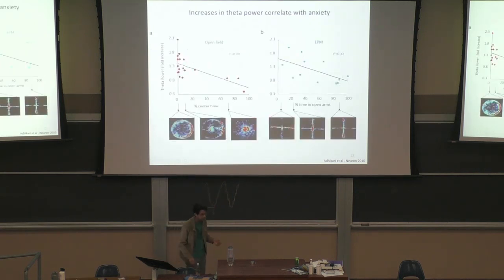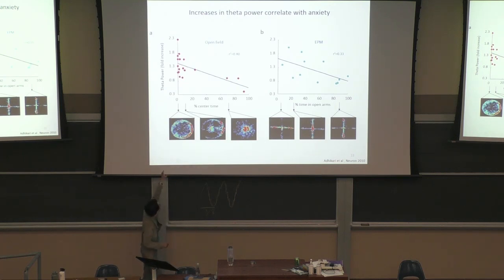And we also found that the size of the oscillation increase correlated with the animal's behavior in each of those mazes. Here we plotted how much the power increased on the y-axis, and on the x-axis how anxious the mouse was.